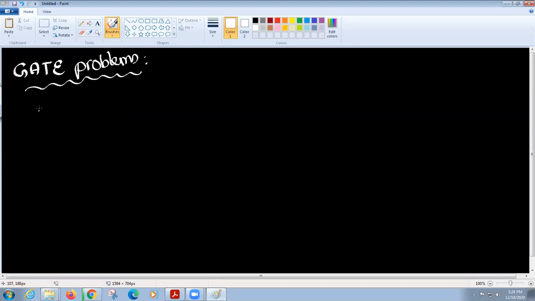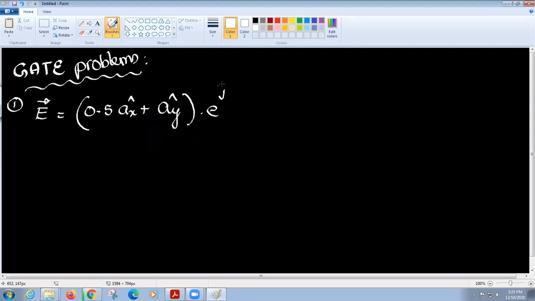For example, one of the papers gave this: the electric field is given to you as 0.5 ax roof plus ay roof, multiplied by e power j omega t minus beta z.